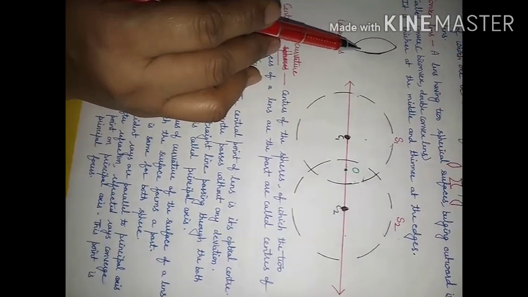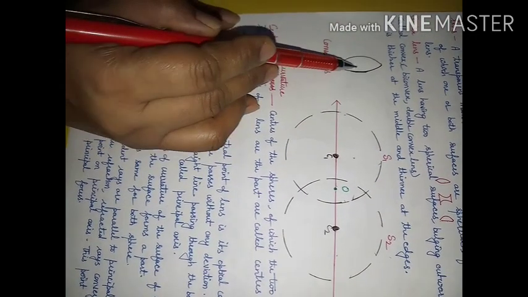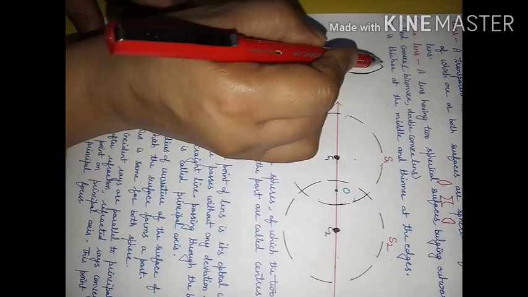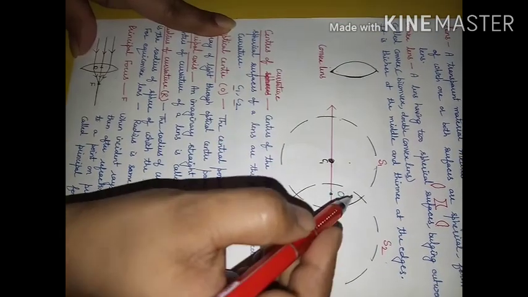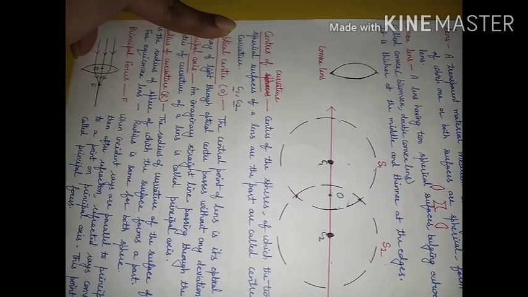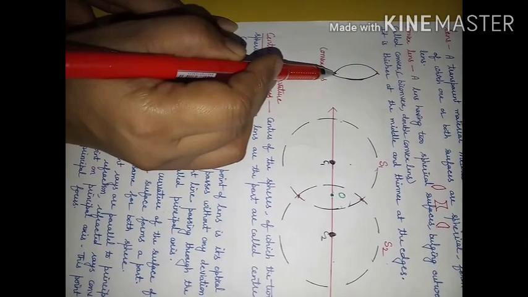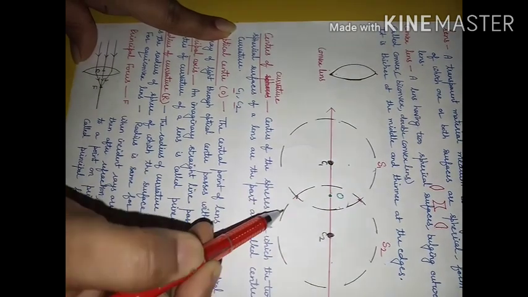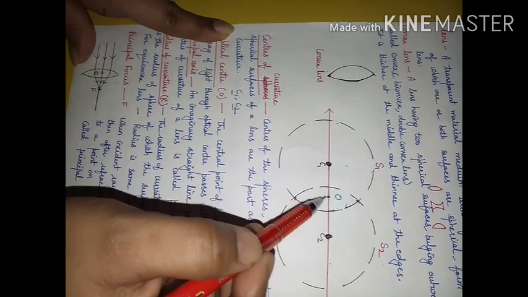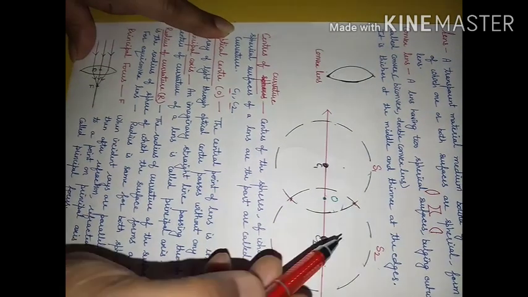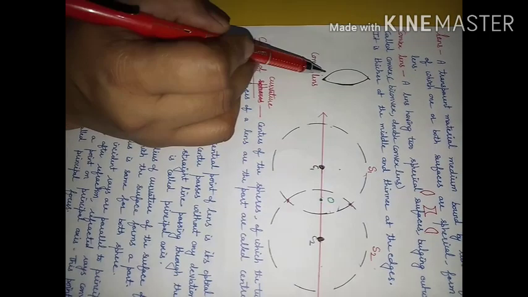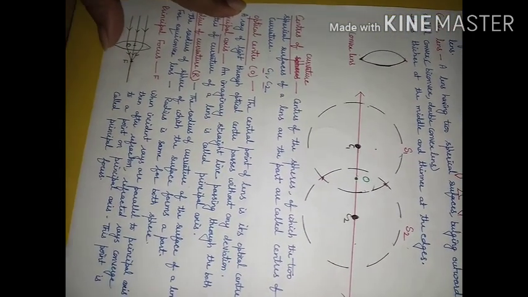This spherical surface is a part of sphere S1, and for the other spherical surface we have sphere S2. They are placed like this, and when we cut this portion and take it out, the cut portion comes out in the shape of a convex lens.